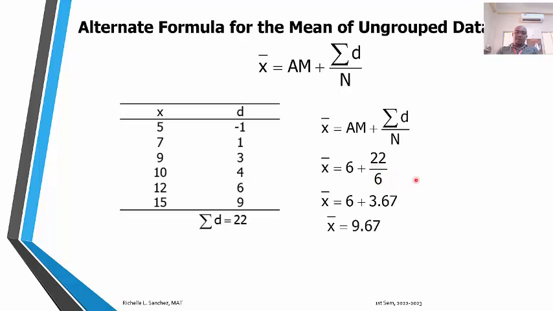Simplifying 22 divided by 6, that is 3.67. Adding this value to 6, we get mean equals 9.67. This was the value which we computed earlier.